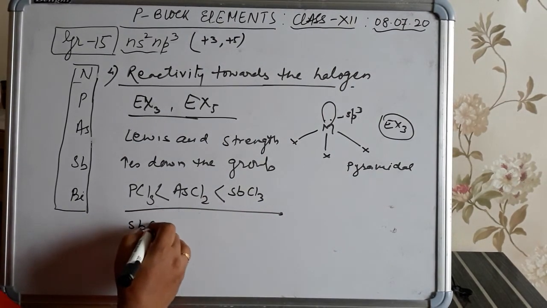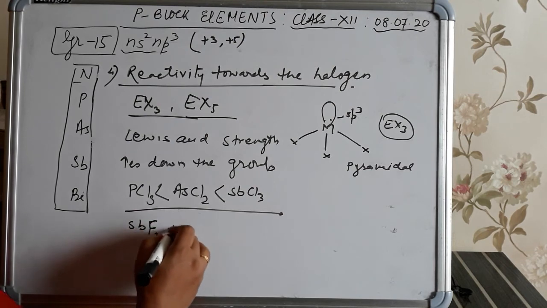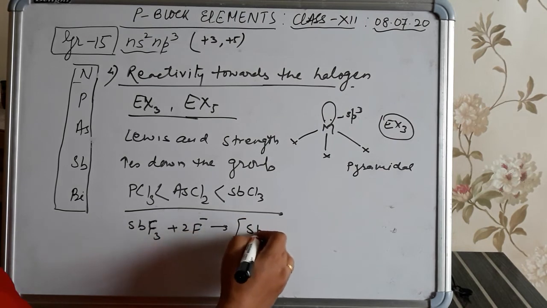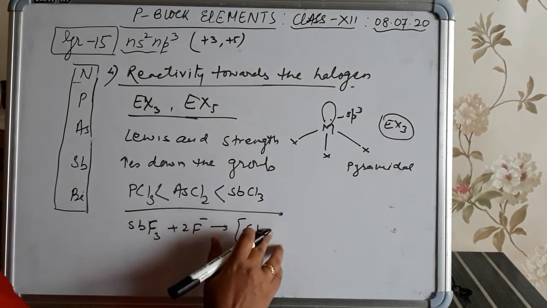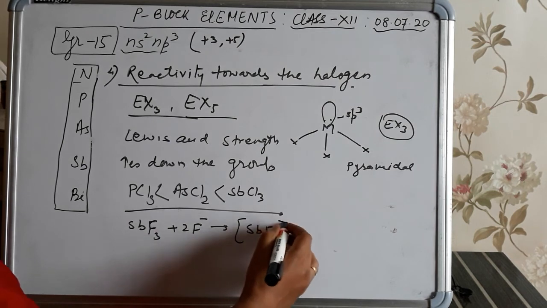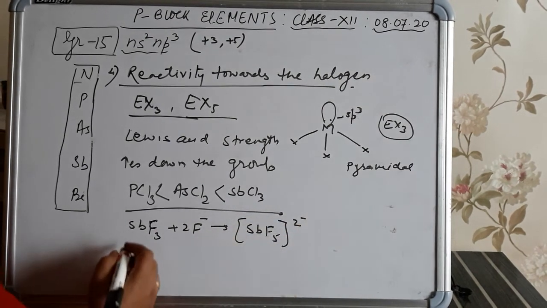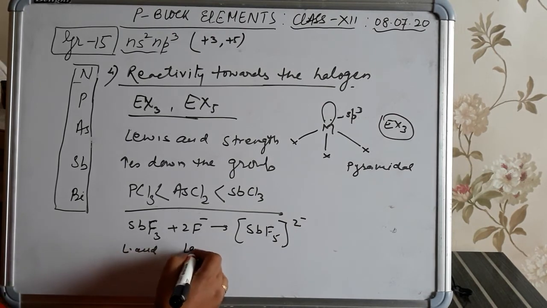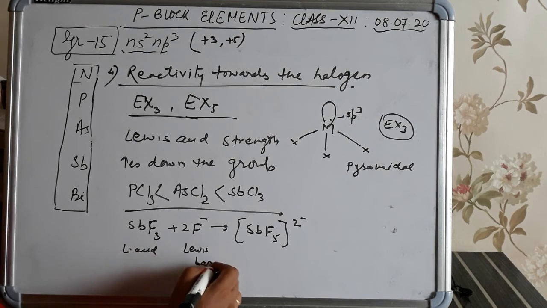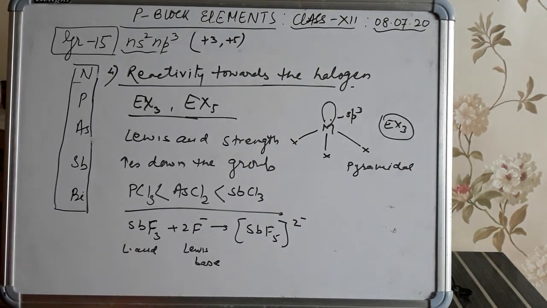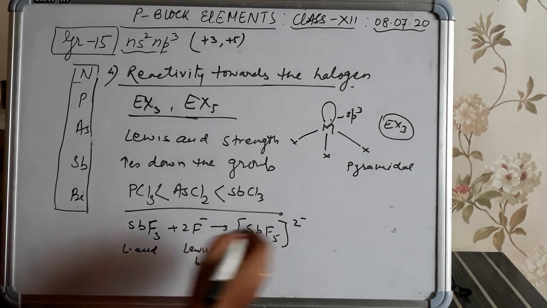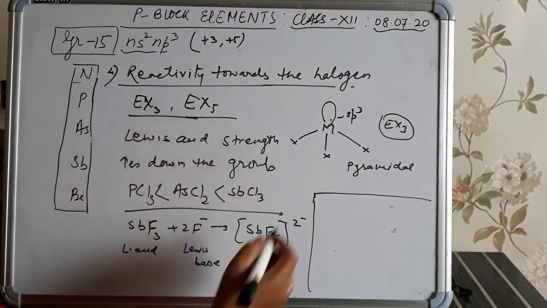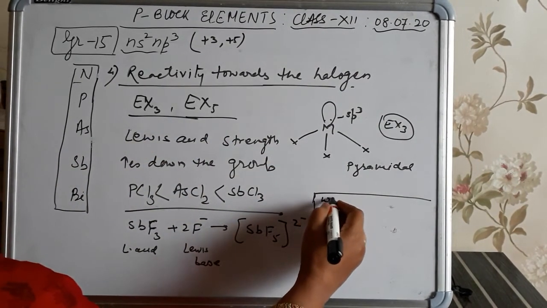Suppose antimony trifluoride has the tendency to take two fluoride ions to form antimony pentahalides. So this is Lewis acid and this is Lewis base. With the exception of nitrogen, trihalides in this group can act as a Lewis base.